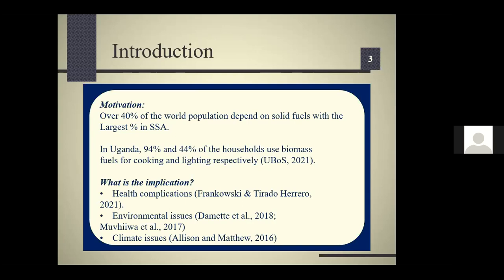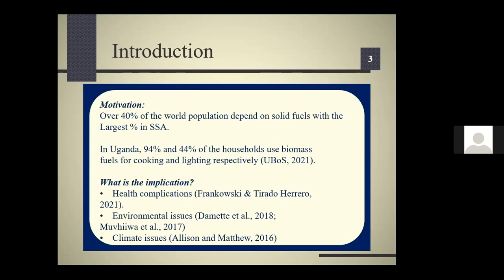So this trend has been persistent for a long time. People are predominantly surviving and using unclean sources of energy to meet their domestic energy needs.